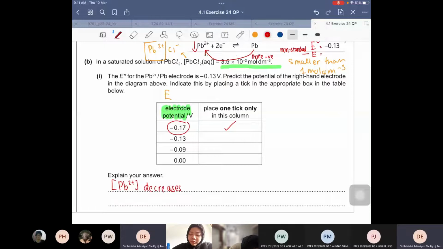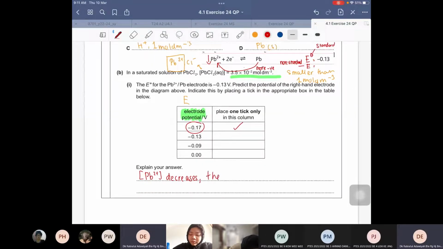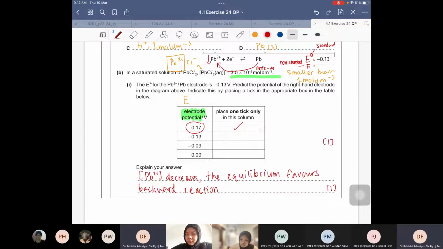So the equilibrium favors backwards reaction. Yeah, that should be fine for 1 mark. 1 mark for the correct value and another mark for the explanation.